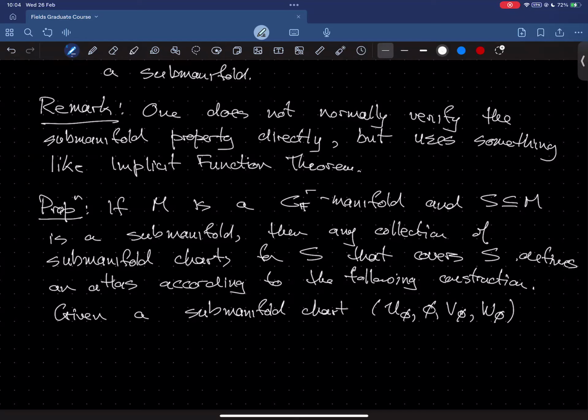So given a submanifold chart like this, we define a chart for S.